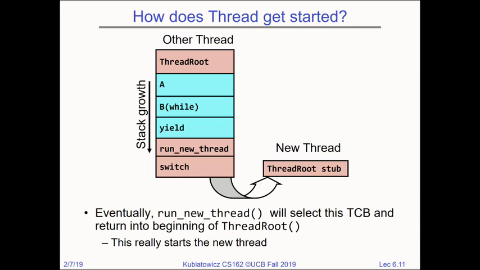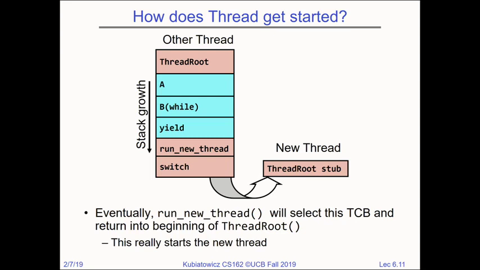And this thread root stub is sitting in a TCB, ready to run on the ready queue, and switch just saves out all the registers for the thread on the left, loads the registers for the thread on the right, which, by the way, there aren't very many. There's the A0 and A1, which are the code that's going to run and the array of arguments.